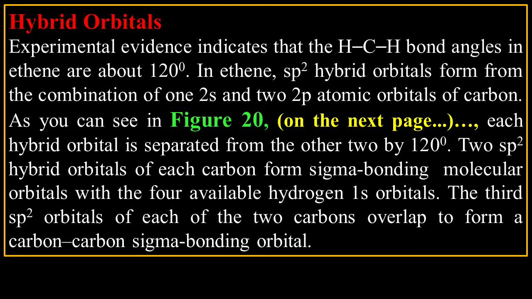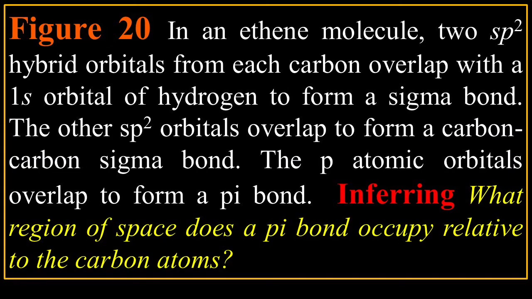Two sp2 hybrid orbitals of each carbon form sigma bonding molecular orbitals with the four available hydrogen 1s orbitals. The third sp2 orbitals of each of the two carbons overlap to form a carbon-to-carbon sigma bonding orbital, a single bonding orbital.